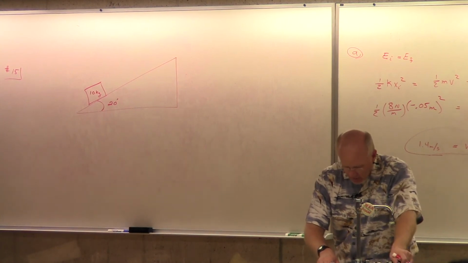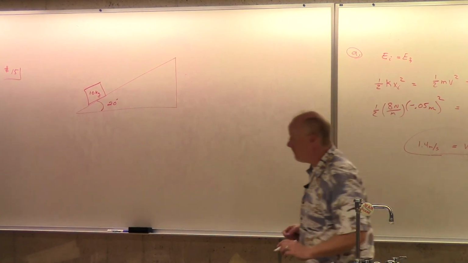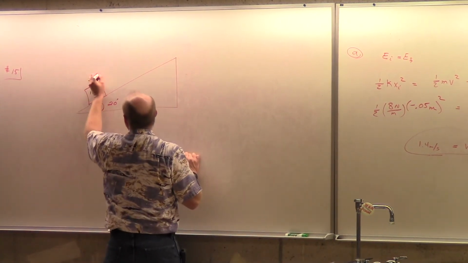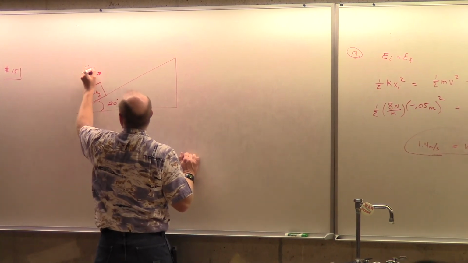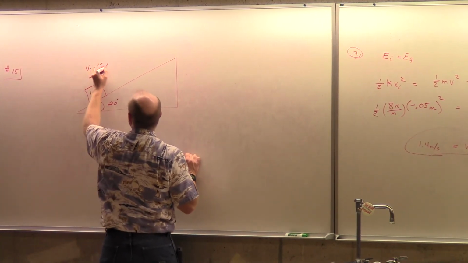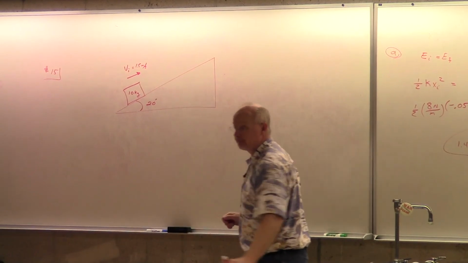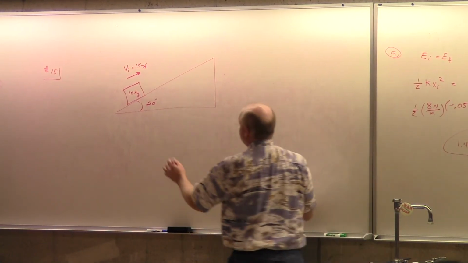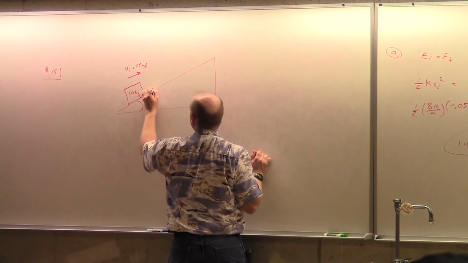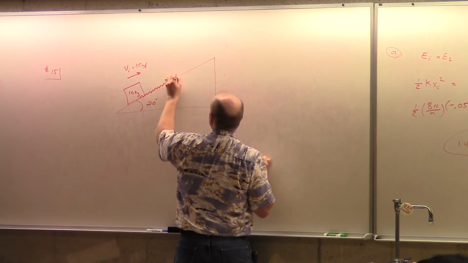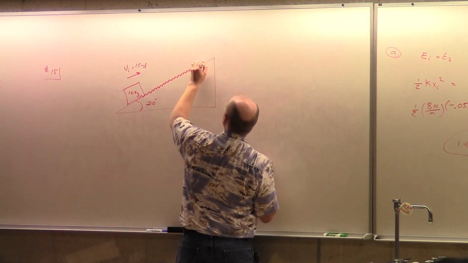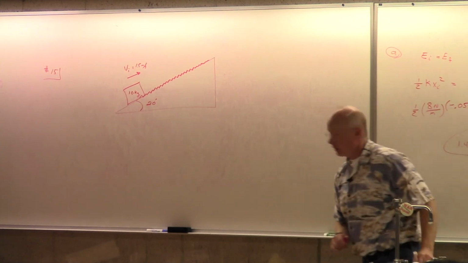It has an initial speed of 1.5. So right here, it has a 1.5 meters per second initial speed. Rough surface. I don't know if this helps. It always helps me. Kind of squiggle, squiggle, squiggle.